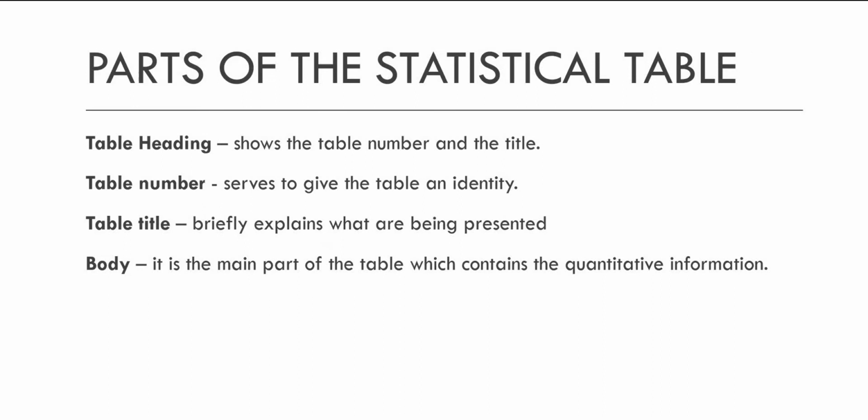Okay, next. So, the statistical table na tinatawag natin had different parts. Unang-una is the table heading, shows the table number and the title. May mga ibang researches ang ginagamit nila is table 1.A, table 1.B, ganun. So, nakadepende yon sa statement of the problems ninyo. Kung dun sa statement of the problem number 1 ninyo, you have 4 choices, pwedeng table 1.A, 1.B, 1.C, 1.D.